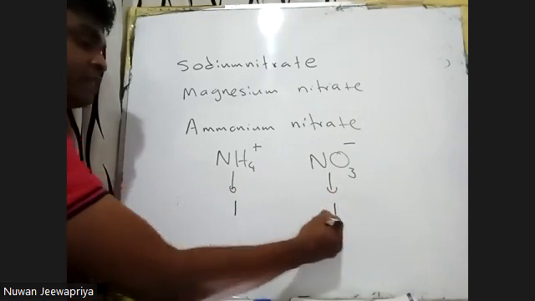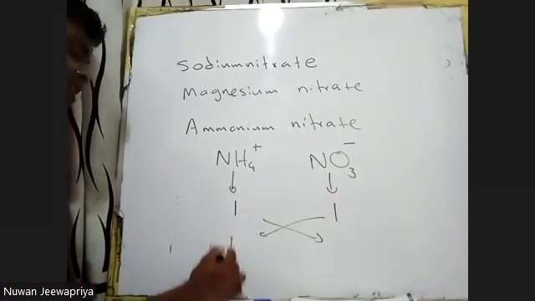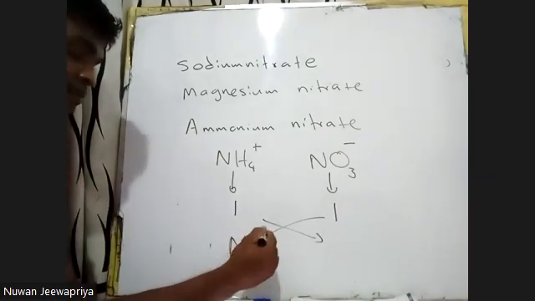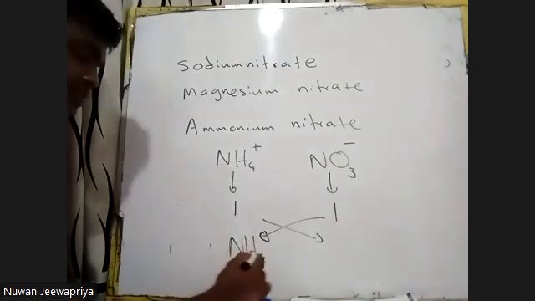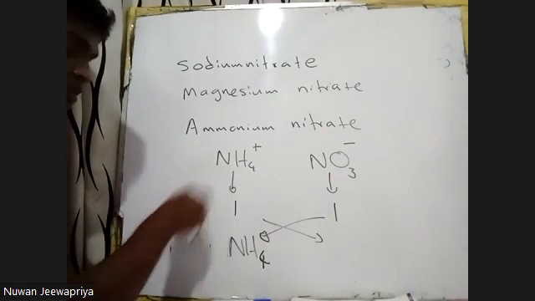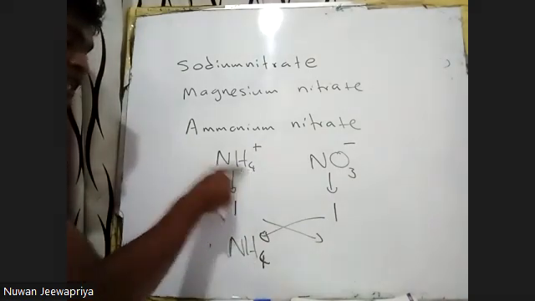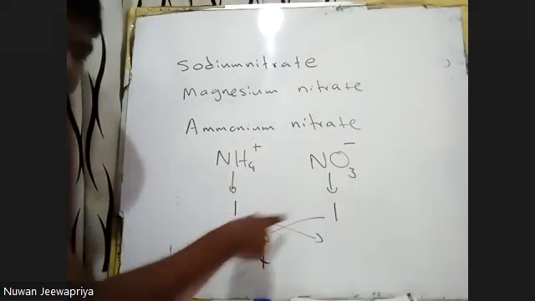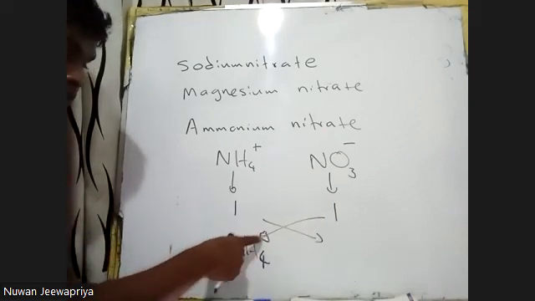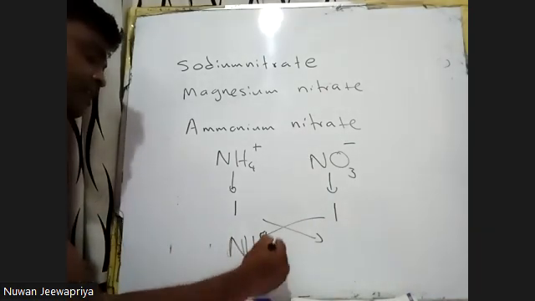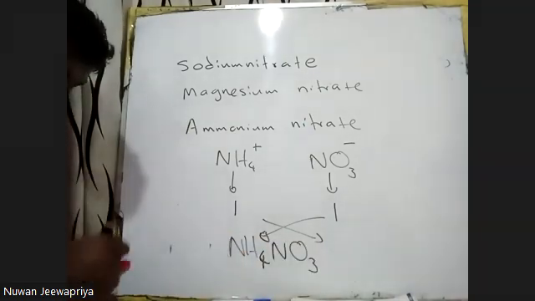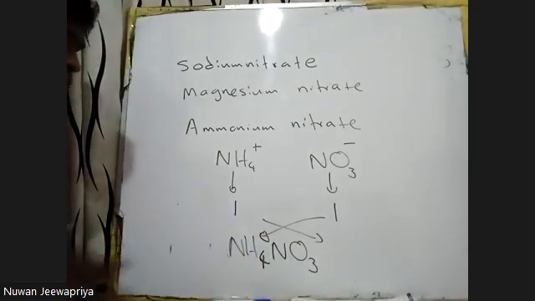Nitrate's valency is 1. So we interchange. Ammonium is NH4, and it gains number 1, so we don't write it. So NH4 only. This 4 is there originally, right? After the valence interchange, the number 1 comes here, but we don't write it as it is number 1. Nitrate is NO3, that also gains 1, so we don't write it. So that's how we write ammonium nitrate.